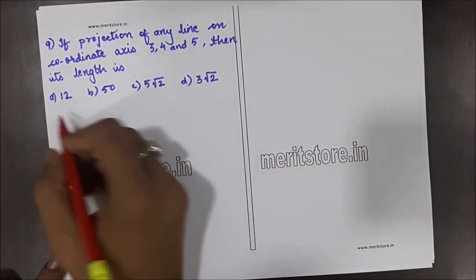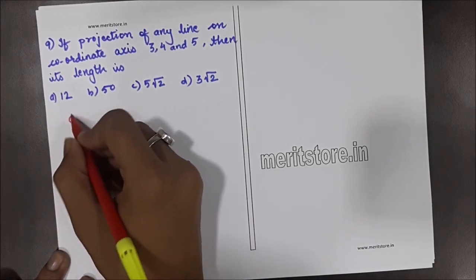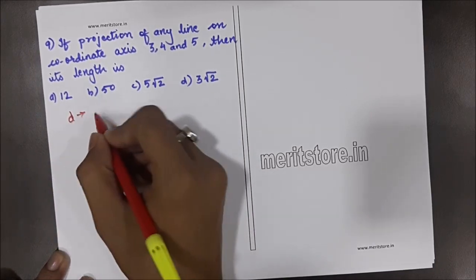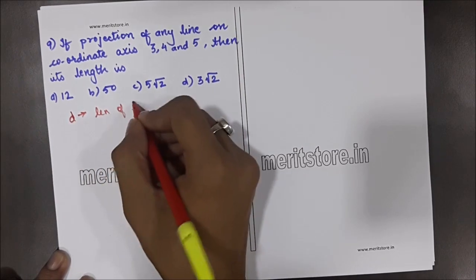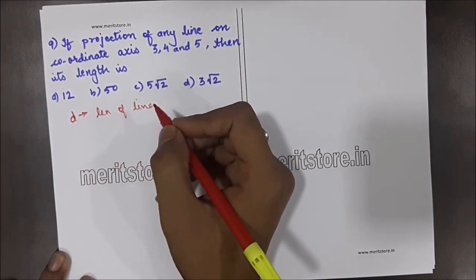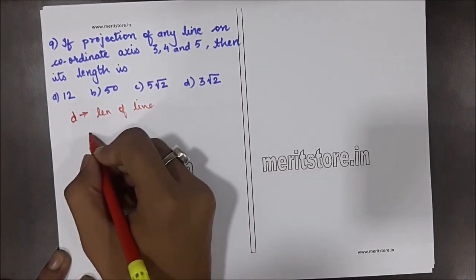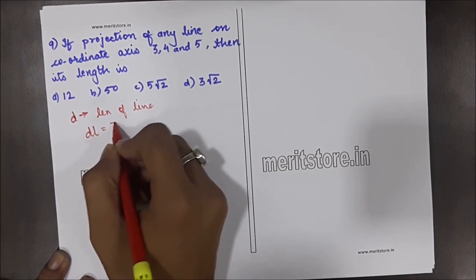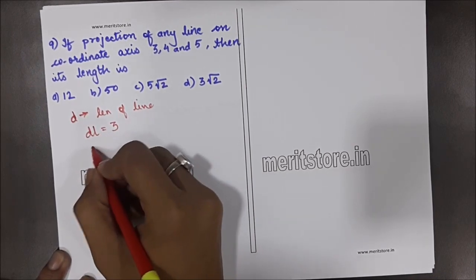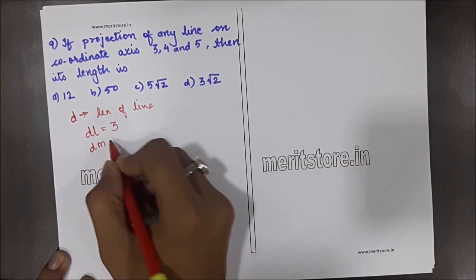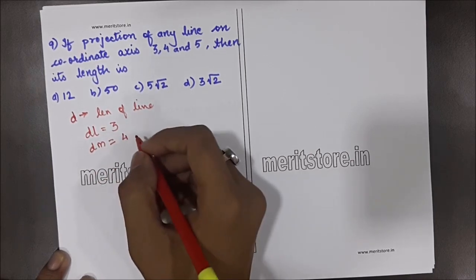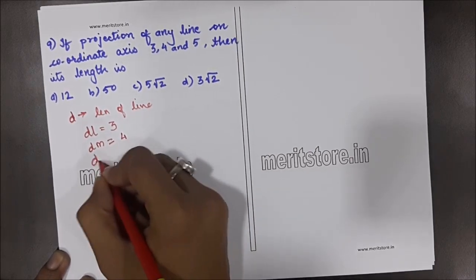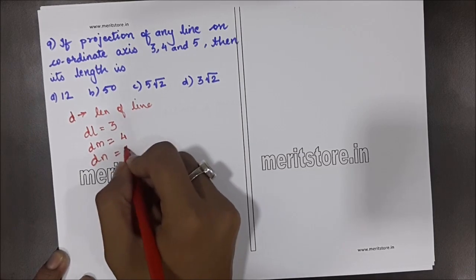Let d be the length of the line. The projection on the x-axis is denoted by dl, which is equal to 3. The projection on the y-axis is denoted by dm, which is equal to 4. And the projection on the z-axis is dn, which is equal to 5.